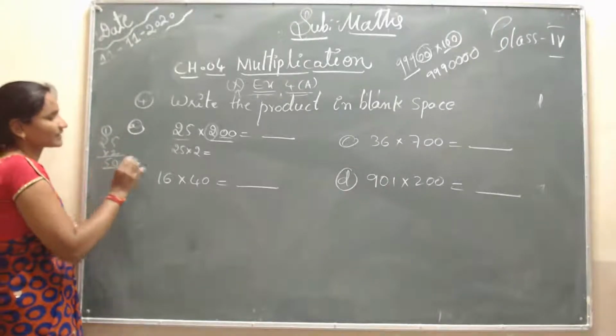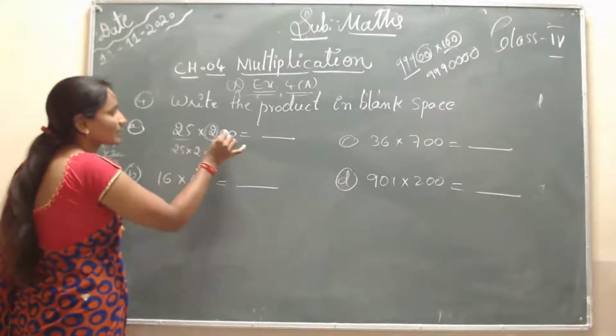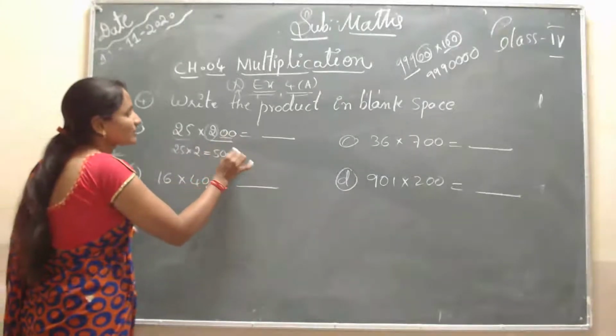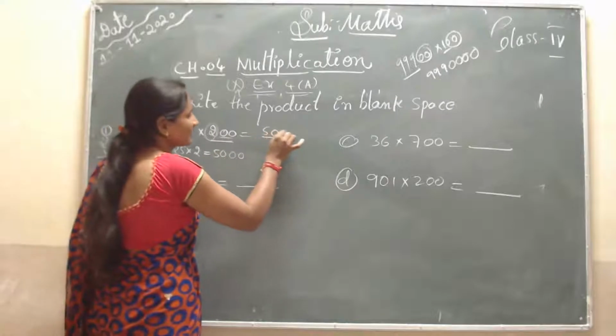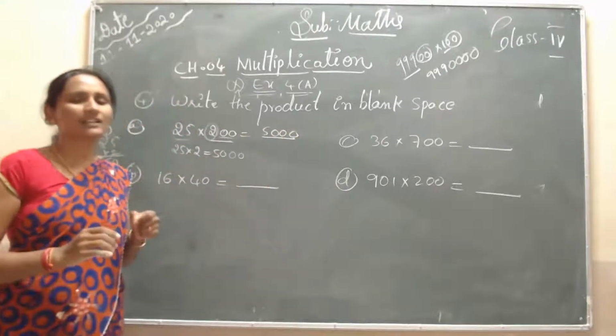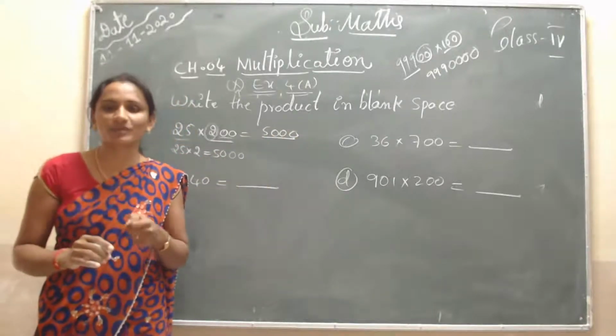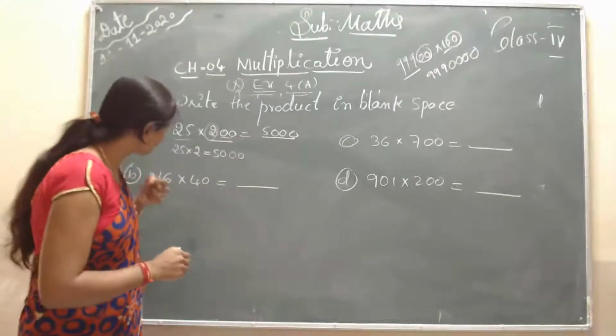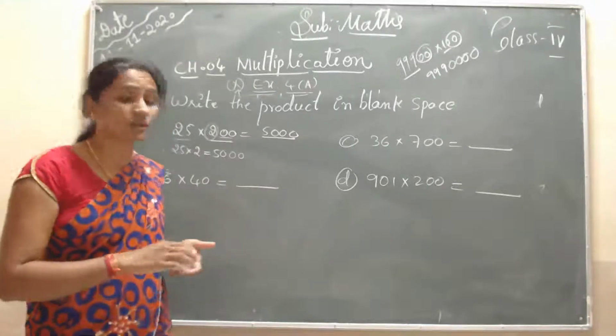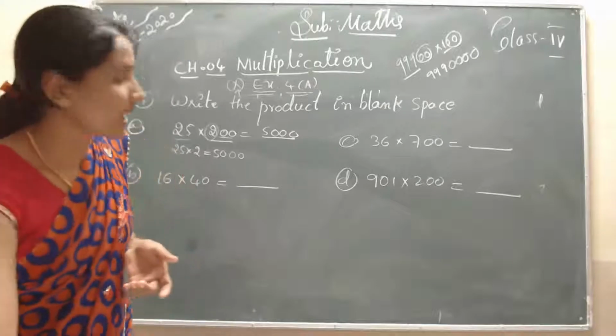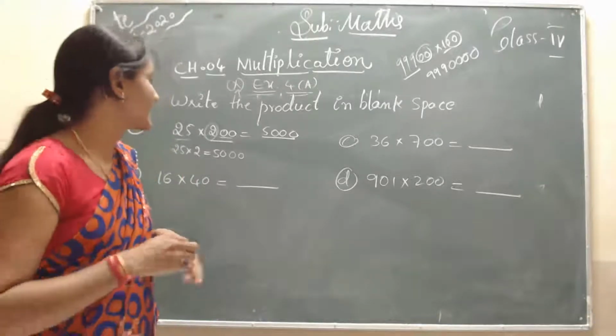This is 50. So here how many zeros are left? 2 zeros. What is the total answer? This is 5,000. This is very easy. We'll use a very short method. You use this method, students, because it saves time. So very easy.